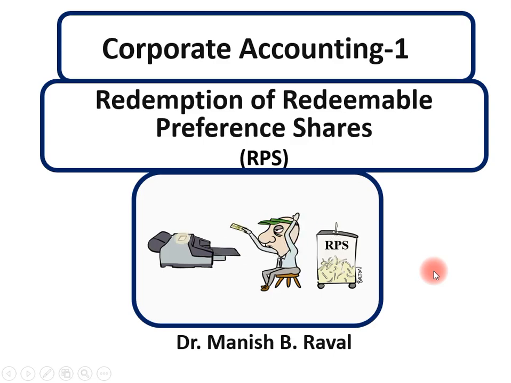In previous 9 lectures, I have discussed different areas of calculation in redemption of redeemable preference shares. The previous lecture, lecture number 9, was one of the most important lectures because in it I covered different varieties related to issue of bonus shares.